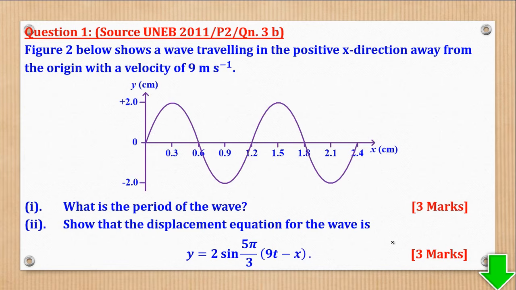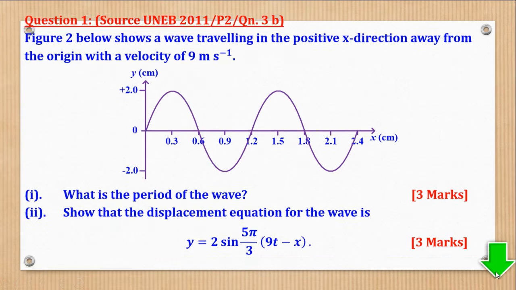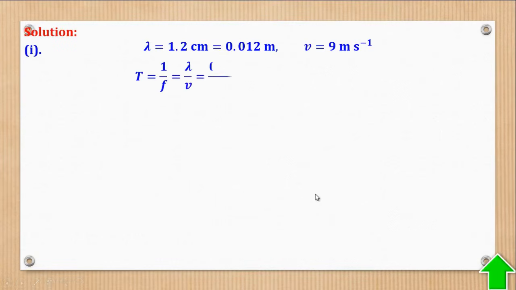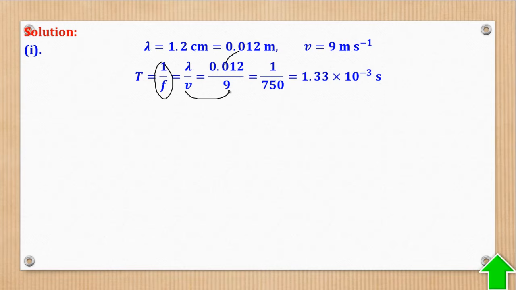Therefore, if I know the wavelength and the velocity, I can get my period by saying period is equal to 1 over f, and 1 over f is equal to lambda over v. So lambda is this, you change it to meters, and v is 9. We are changing it to meters because our v is in terms of meters per second. So this one should also be in meters. And when I use a calculator, I'll come up with the period as this.